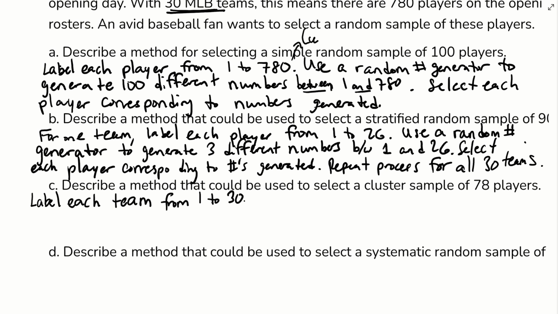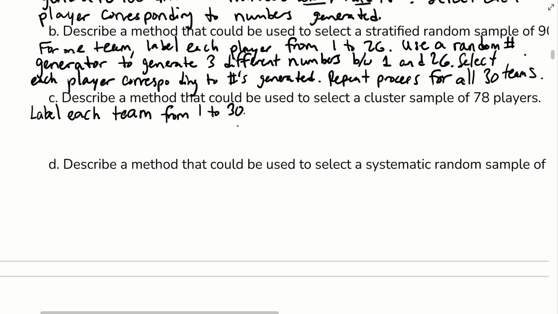So I'm just going to put here unique. So label each team from 1 to 30. Uniquely means they're all different, so it's not like you have 2 teams that are number 2. Label each team from 1 to 30 uniquely. Or you could say label each team with a unique number from 1 to 30.